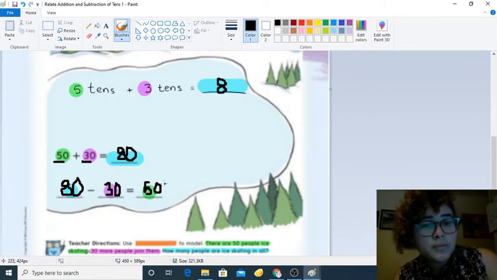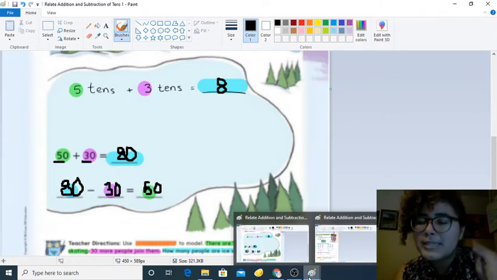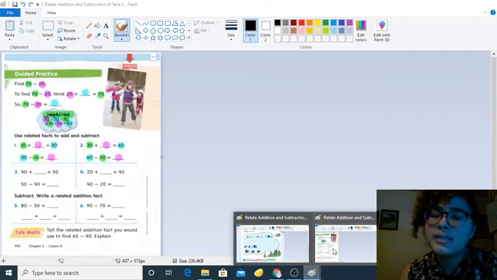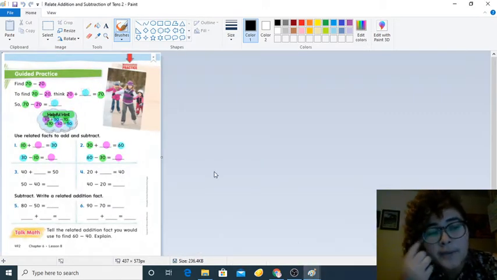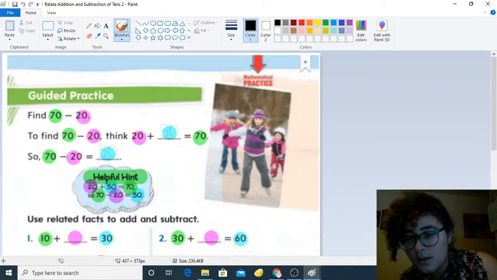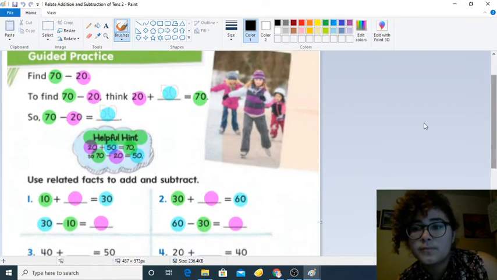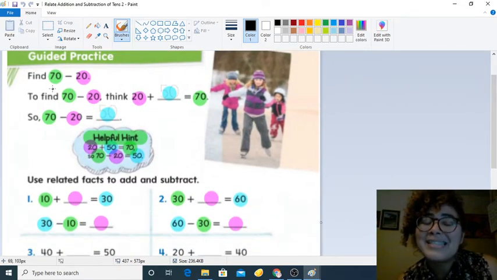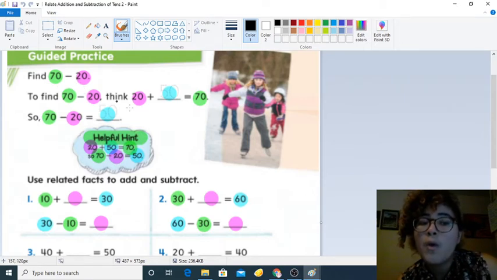So moving along, just so you can get a real good idea of it, I'm going to continue with the sheet that most of you completed. Over here, it told us that to find 70 minus 20, we could think about the fact that 20 plus 50 equals 70.